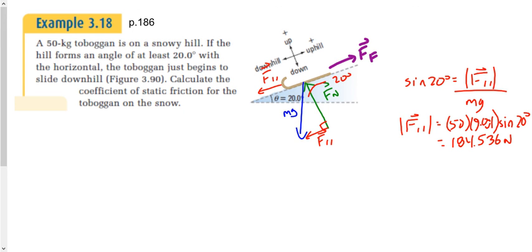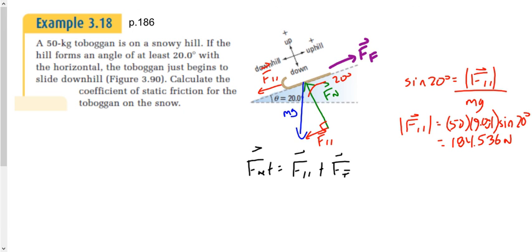Now, if it just begins to move, what do you know about the force of friction here? It would be the max force of static friction, right? If this is the force that's required to get it moving, that's the same as the max force of static friction. If you don't recognize that, listen, that's okay. Just say F net is equal to the sum of the forces. What would the net force be?